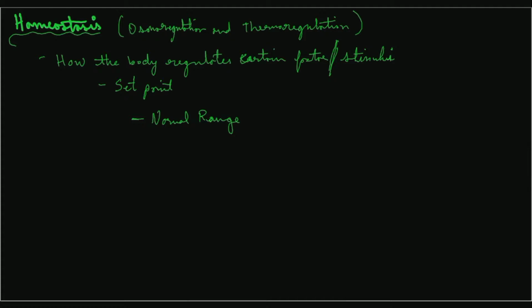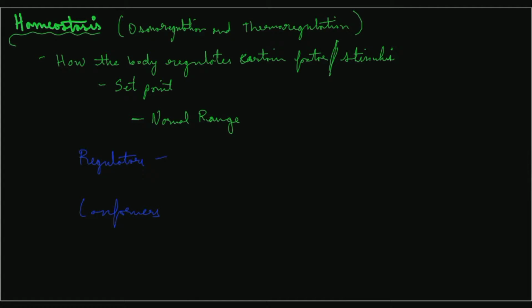Now, there are two different ways you can deal with an issue like this. I'll write it in a different color. So we have regulators, and we have conformers. Regulators are basically like us.